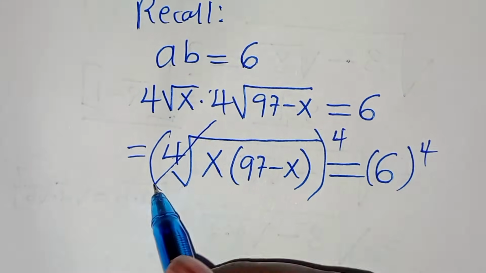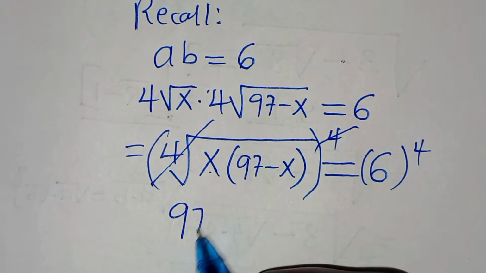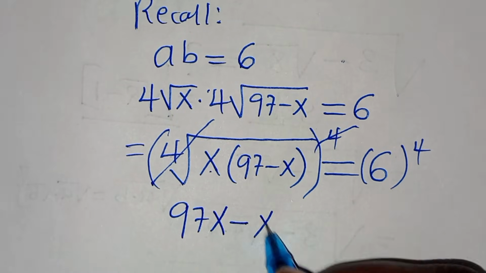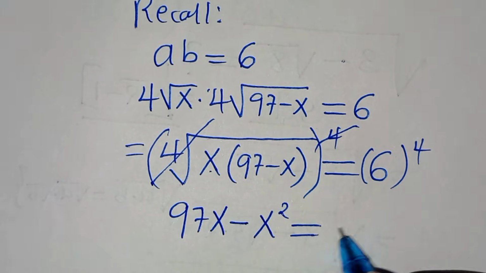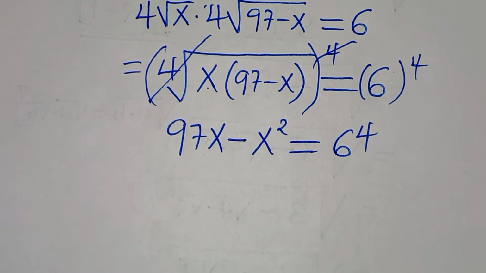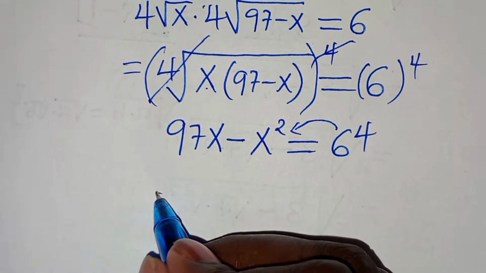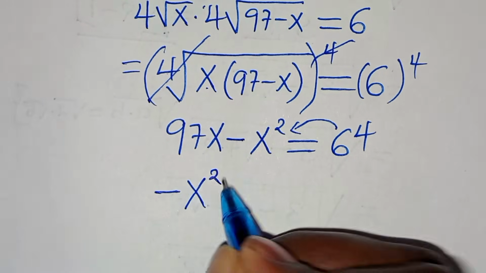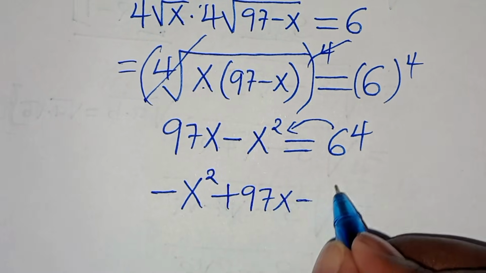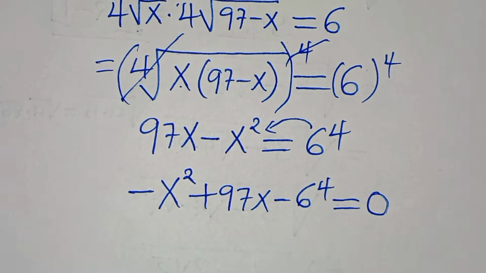so that now we have x times 97, this is 97x, minus x times x, this is x to the power of 2, equal to 6 to the power of 4. Now, let's take 6 to the power of 4 to the left hand side, so that we have minus x to the power of 2 plus 97x minus 6 to the power of 4 equal to 0.